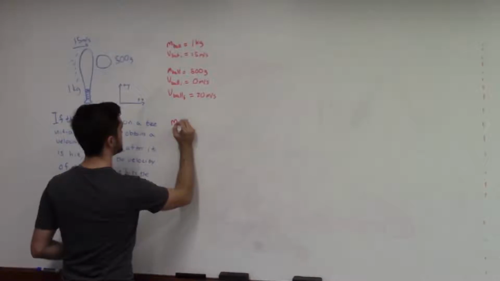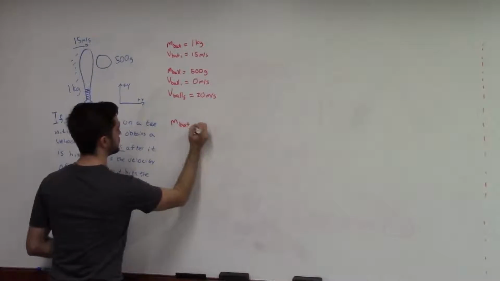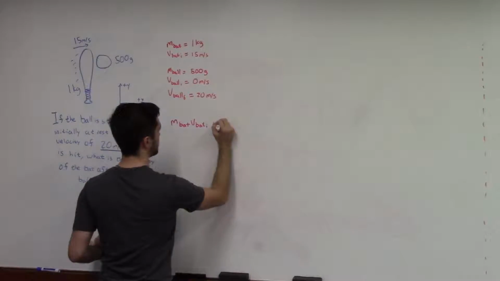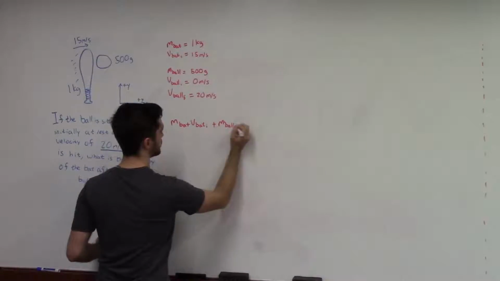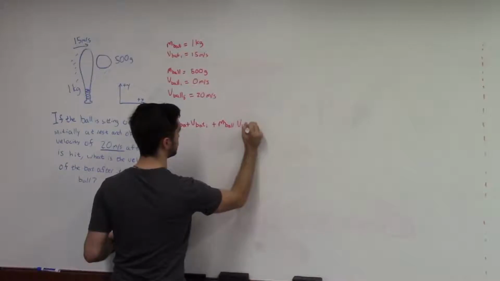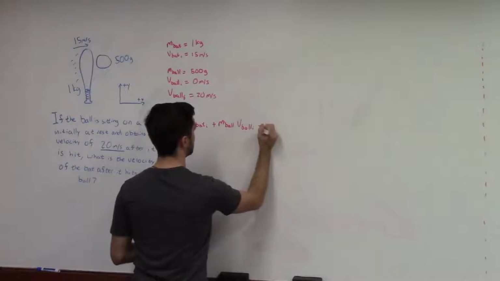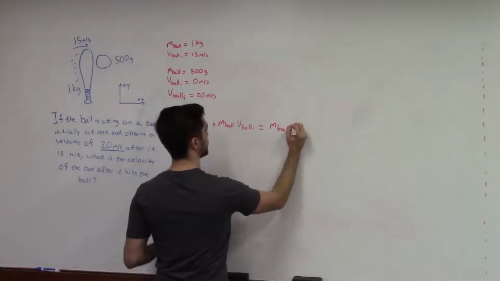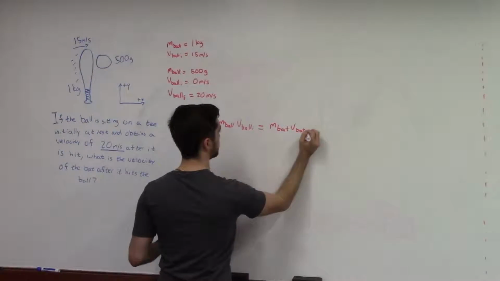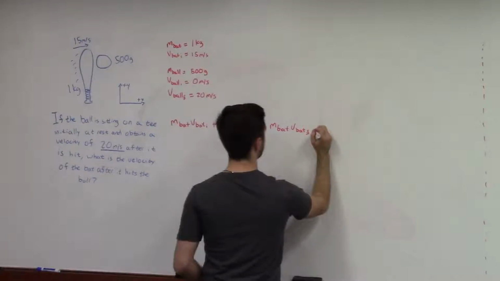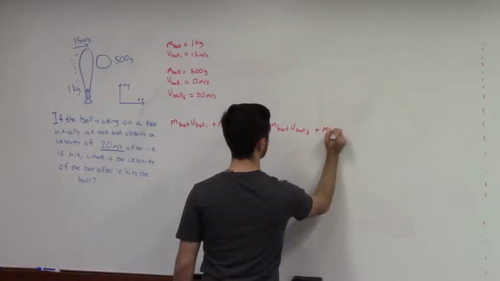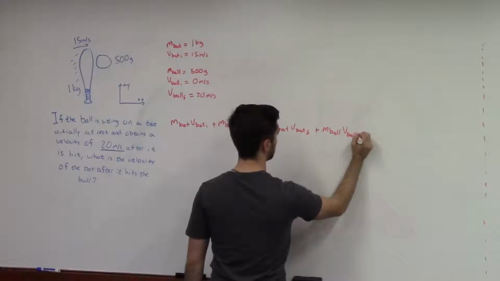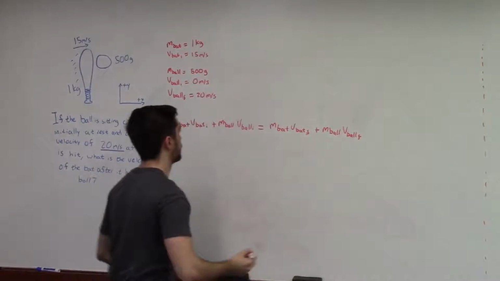So for that system, this would be the mass of the bat times the velocity of the bat initially, plus the mass of the ball times the velocity of the ball initially is going to be equal to the mass of the bat times the velocity of the bat, f for final after the collision, plus the mass of the ball times the velocity of the ball sub f, so after the collision.